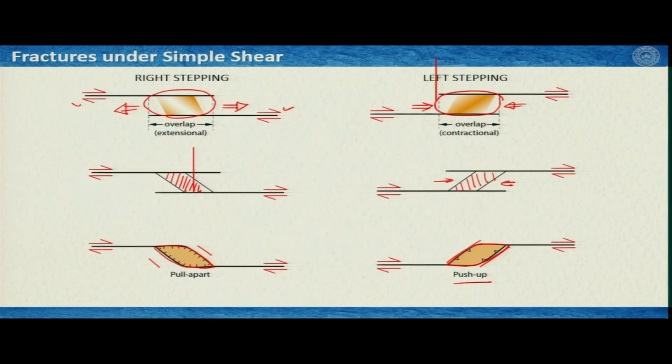So, you see the same process in one setting: if it is right stepping in the overlapping zone, it is possible to form depressions or pull apart basins, and if it is left stepping, then in the overlapping zone, instead of forming a basin, we can form a mountain or a hillock or topographic elevation due to push up.